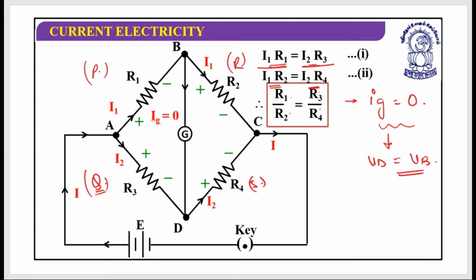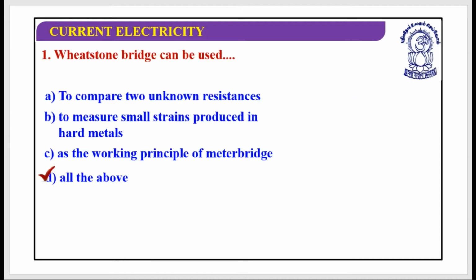So this is how we can derive the conditions for the balanced Wheatstone bridge, that if the ratios of these resistors are equal, P by Q should be equal to R by S. If this is the situation, then Ig would be equal to 0, and if Ig would be equal to 0, potentials on these two terminals would be the same. Is it clear? Great.